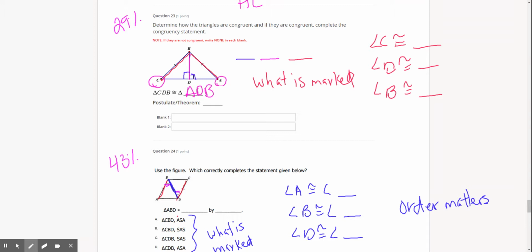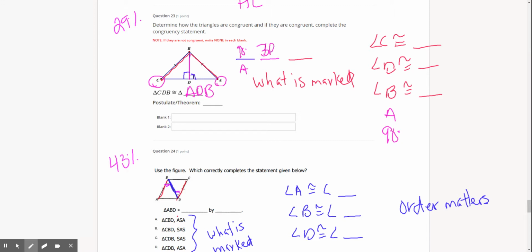So what's marked? A right triangle, absolutely. So we've got a 90-degree angle. What else is marked? And then I've got a reflexive side.